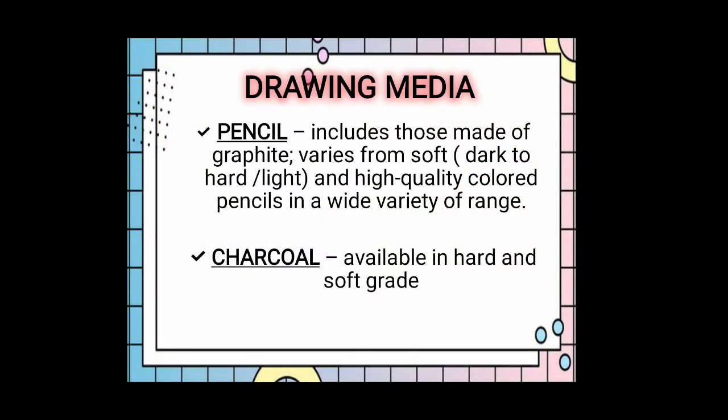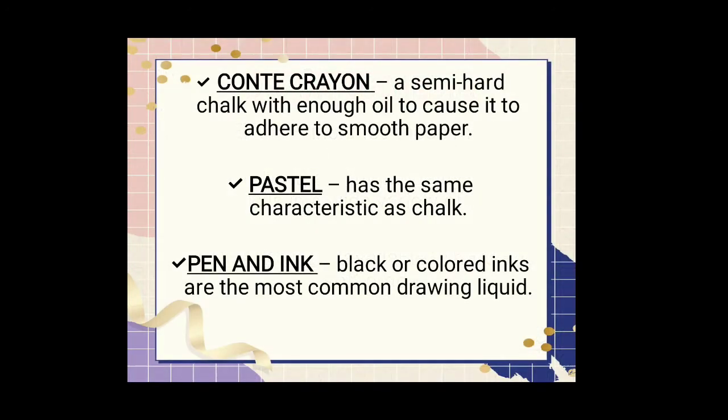Next is drawing media. Pencils include those made of graphite, varying from soft, dark to hard or light, and high quality colored pencils in a wide range. Next is charcoal, available in hard and soft gray. Next is Conte crayon, a semi-hard chalk with enough oil to cause it to adhere to smooth paper.